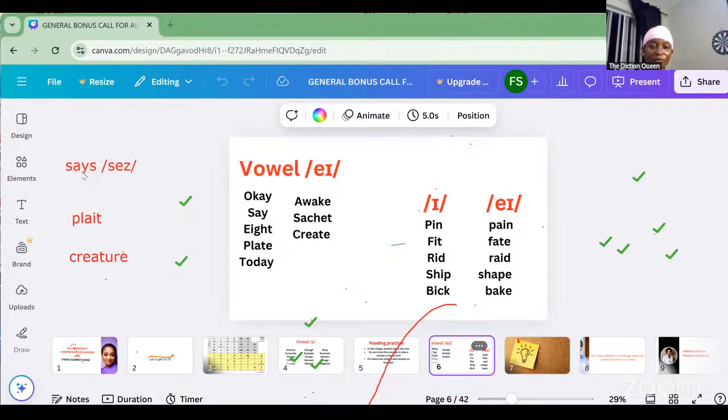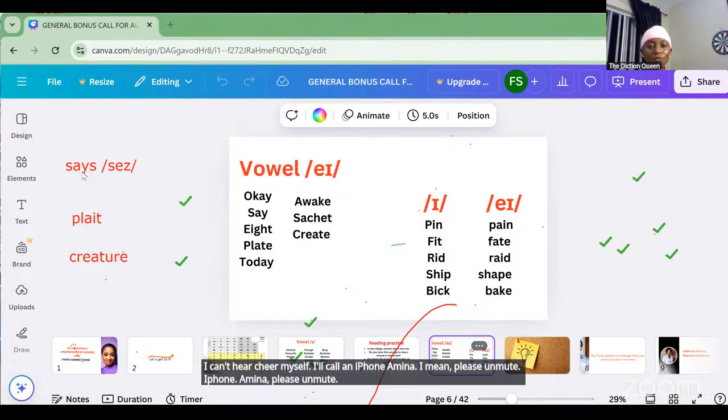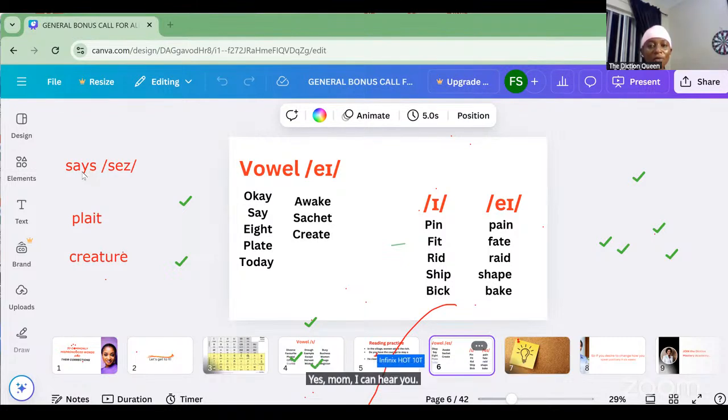Good evening. Chioma, can you hear me? Good evening. Yes, ma'am, I can hear you. I can't hear Chioma, so I'll call on iPhone Amina. Amina, please unmute. Good evening.